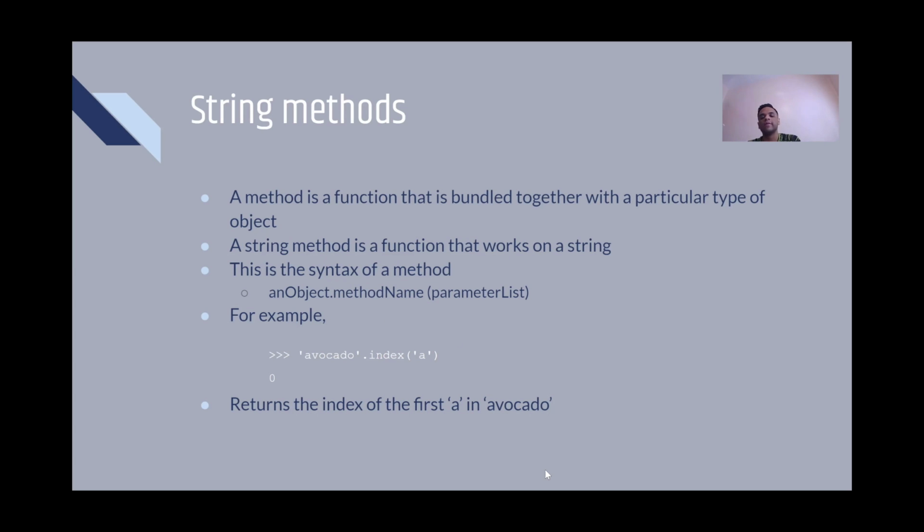Now the parameter list could have no parameters, or it could have an infinite number of parameters. That will be in the parentheses. So let's look at the example right here. Avocado, let's say that's the object. Command index A. So what it's really telling us is take the word avocado and give me the index number at character A. Character A, on zero-based indexing, is the 0th index.